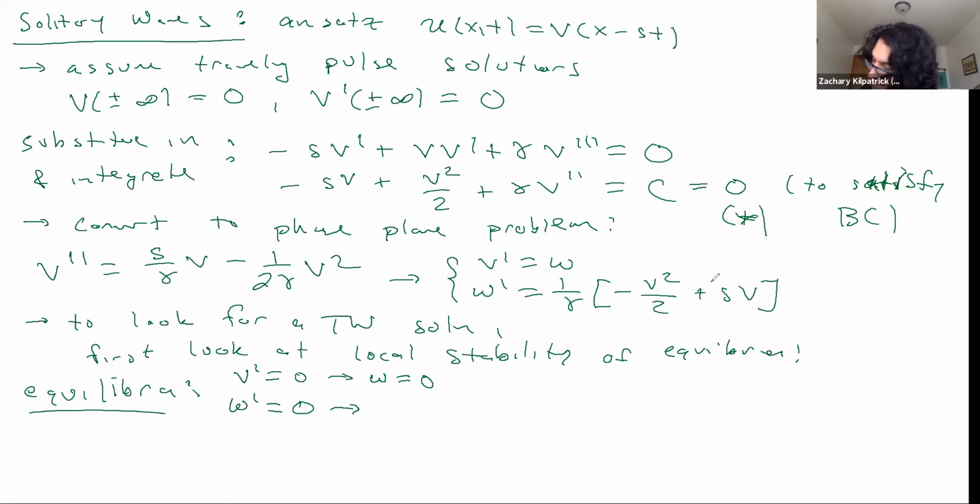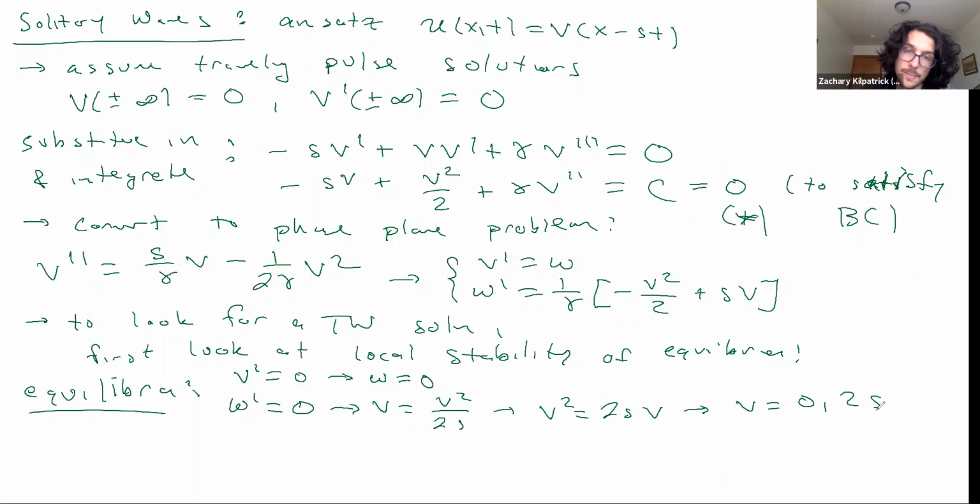Right. So we can solve that, right? And we get V is equal to, I'm skipping ahead. Maybe I should. Am I going too fast? V squared over 2S. Yeah, right. So V squared over 2S, or V squared equals 2SV, or V is equal to 0 or 2S, okay?